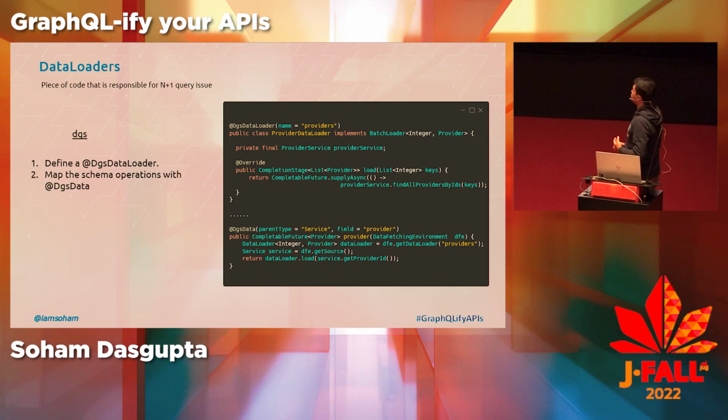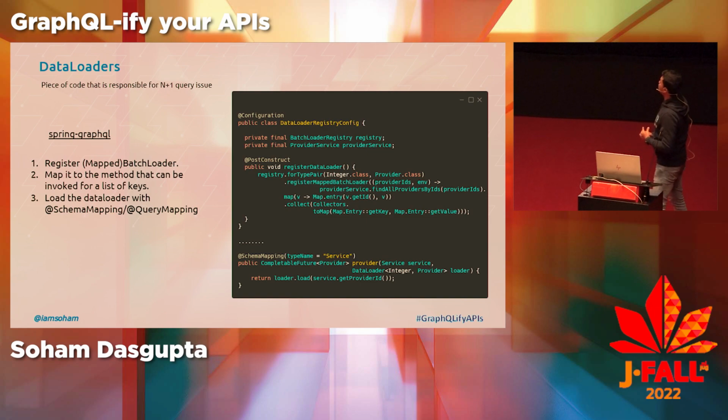There's a catch, though. DGS says you need to have a query or a method which takes a list of IDs to give you back all the providers in this case. It doesn't support parallel calls one by one, although you can implement that yourself using a completable future as well, using Mono or Flux.